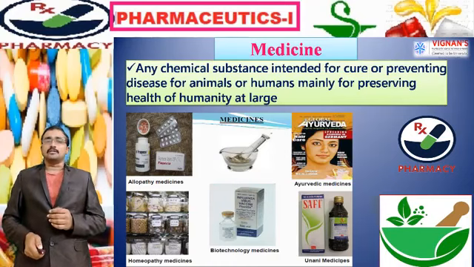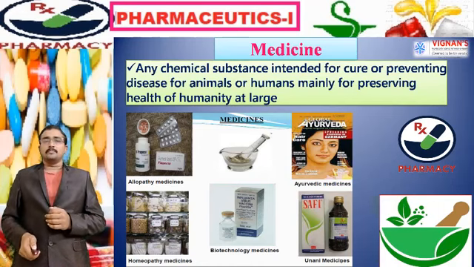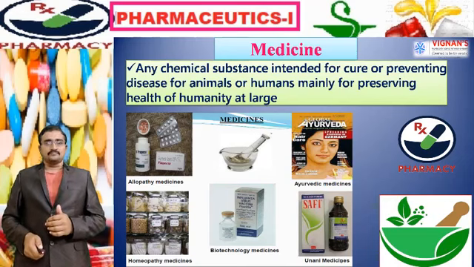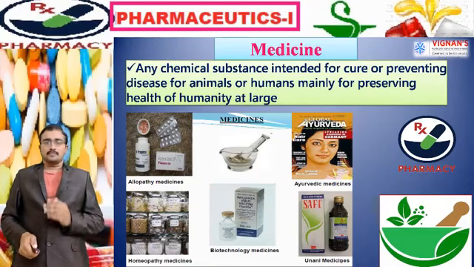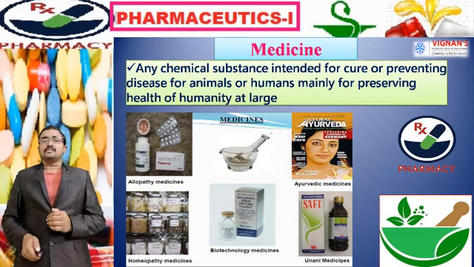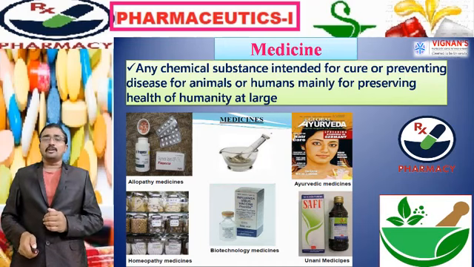Some Unani and homeopathic medicines are also used by our ancient people. These are the different types of medicines with respect to their manufacturing processes and their standard operating procedures.